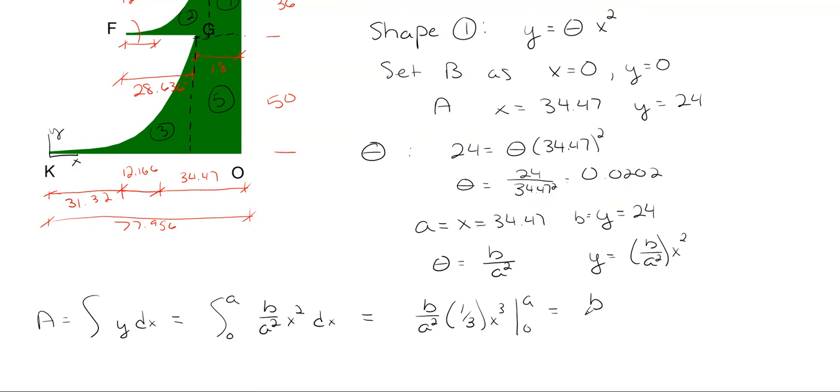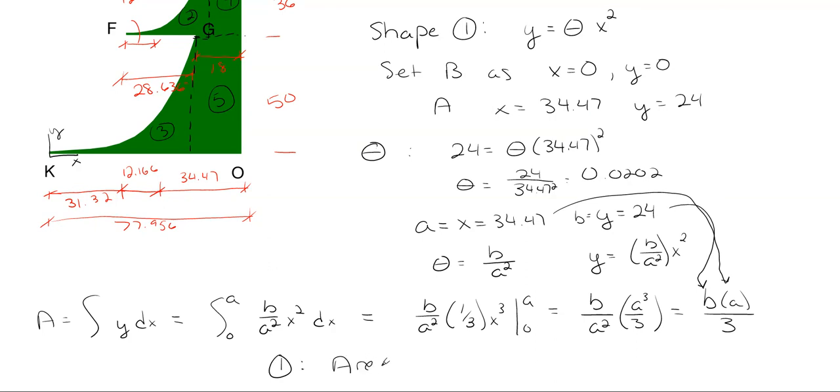Well, this is just b over a squared times a cubed over 3. And this would just be b times a over 3 then. And then I can take my 24 and plug it in for b, and then I can take my 34.47 and plug it in for a, and that would give me the area here for shape number 1. So for shape number 1, my area would just be 24 times 34.47 all over 3, which gives me 275.76 inches squared for my area.